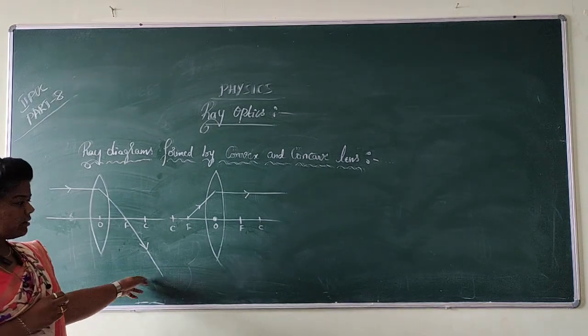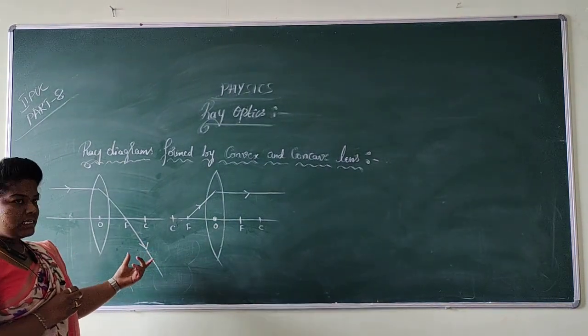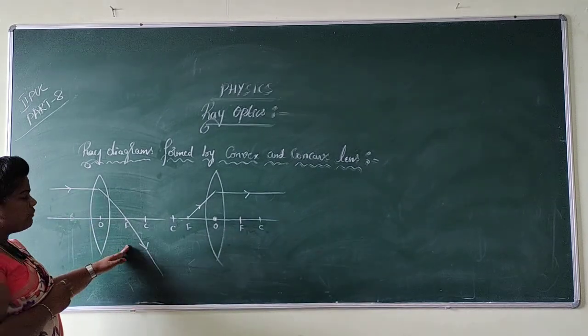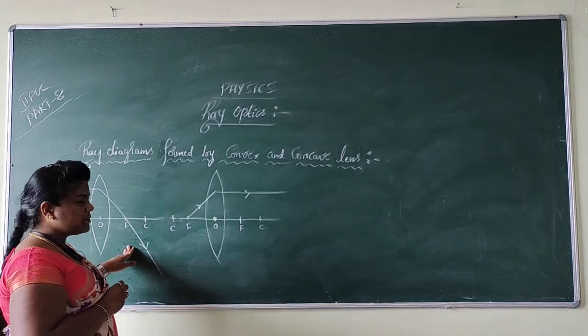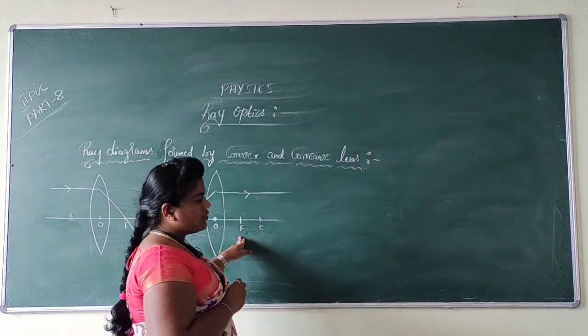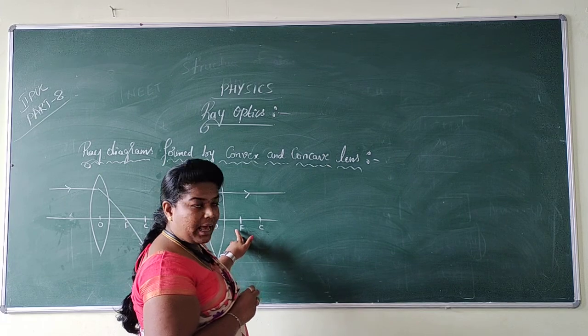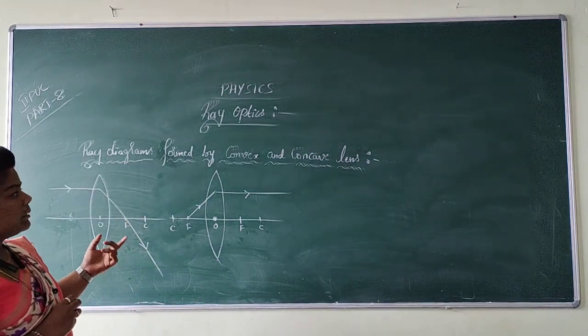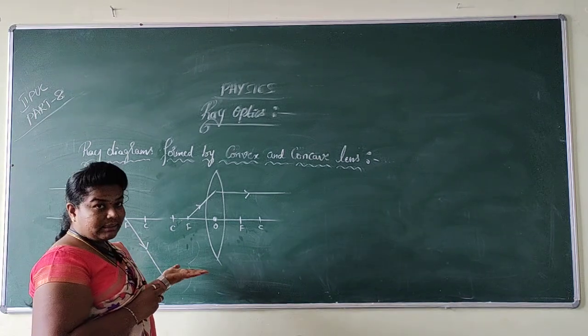So vice versa, a parallel beam of light incident on the lens refracts to the principal focus, and a ray incident from the focus refracts parallel to the principal axis. You have studied this in your 10th class.